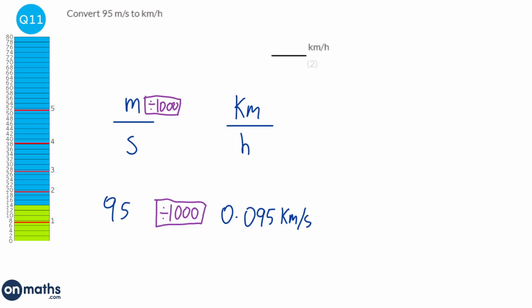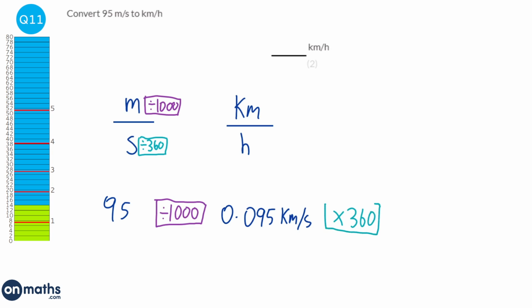The more difficult part is converting the seconds to hours. To convert seconds to hours, we divide by 60 and then divide by 60. So we divide it by 360. Seems simple enough. But the seconds are at the bottom of a fraction, and when you divide the bottom of a fraction by something, you actually times the whole fraction by that thing.